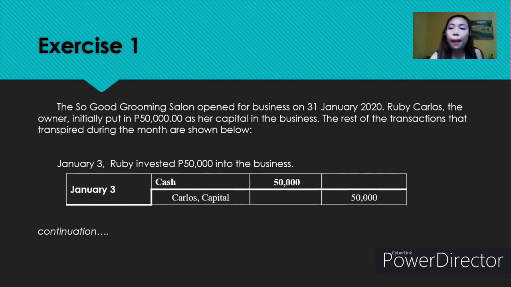Next, another account which we need for journalizing the entry of the transaction is the Carlos Capital. So Carlos Capital will be written and recorded at the credit side. Okay, guys, when you are now journalizing the entry for the next account, please make an indentation.